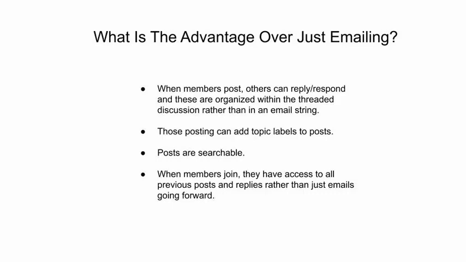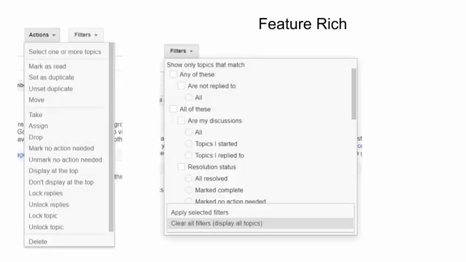And maybe one of the best benefits is if somebody new joins 6 months after the community starts, then all of the previous emails that went back and forth, all those discussions are unavailable to the new person. However, when they are posted to the threaded discussion area, a new person can go back and see all of the posts and responses from other participants. So it allows for greater communication and keeps that historical conversation.